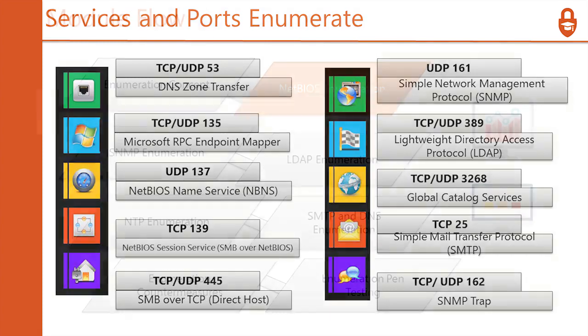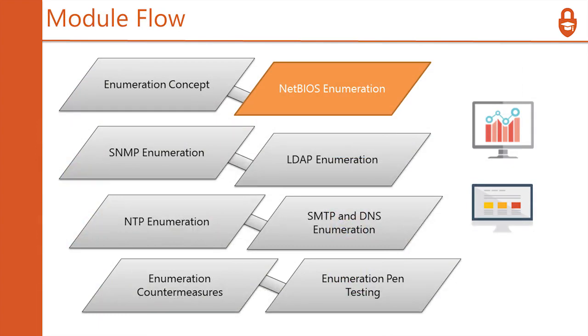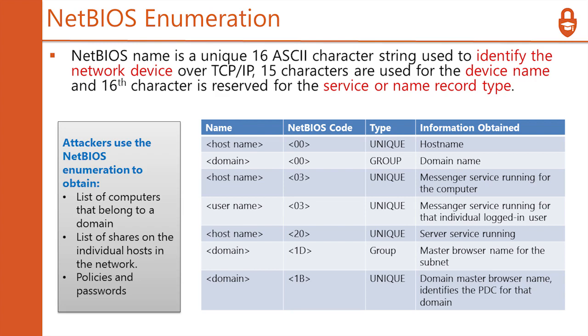So let's talk about NetBIOS enumeration specifically. The NetBIOS name is a unique 16 ASCII character string used to identify the network devices. Over TCP, 15 characters are used for the device name, and the 16th character is reserved for the service or name record type.